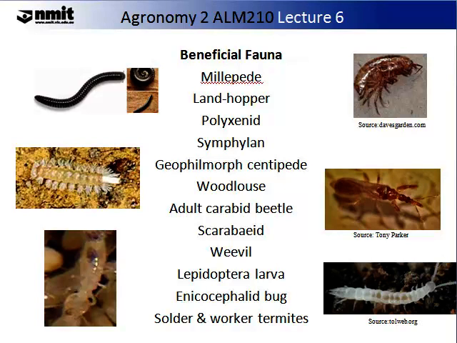These include such creatures as the millipede, landhopper, polyxenid, symphylan, the geophilomorph centipede, the woodlouse, the adult carabid beetle, the scarabid, the weevil, the lepidopteran larvae, and the encephalid bug, as well as soldier and worker termites.